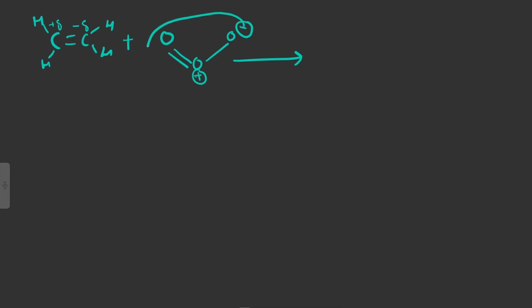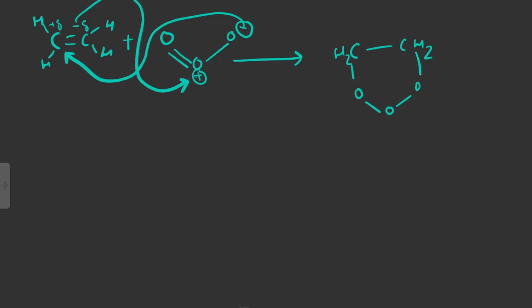This negative charge reacts with this positive charge, and this negative charge reacts with this positive charge, and so a structure like this is formed. CH2, CH2. There is an oxygen over here, an oxygen over here, an oxygen over here, and there is a single bond over here. And this, my friends, is called a mono-ozonide.